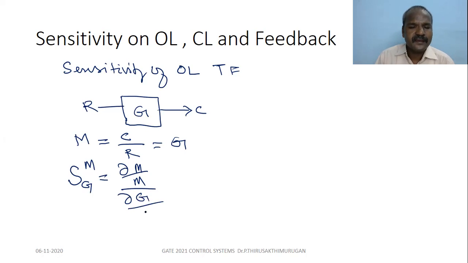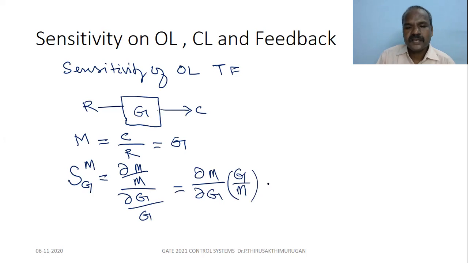This becomes dou M by dou G times G by M. So the sensitivity of the open loop transfer function gives 100% variation.